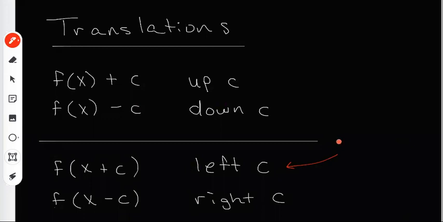So if you add something on the inside, like let's say f of x plus 3, that means that this entire function is going to move to the left by 3. Same way as this. If I'm subtracting on the inside by 3, that means I'm moving to the right by 3. So a lot of kids get those confused. But do know that if you're adding, you're actually going to the left. And we can prove that by graphing.